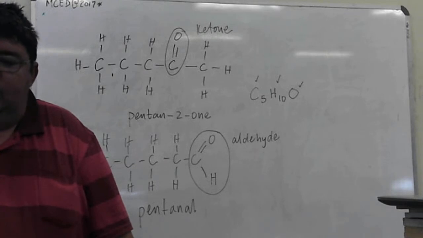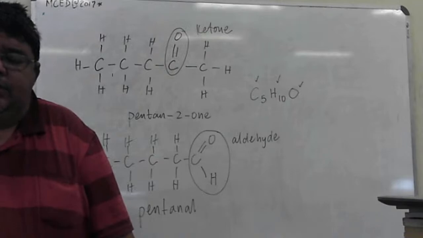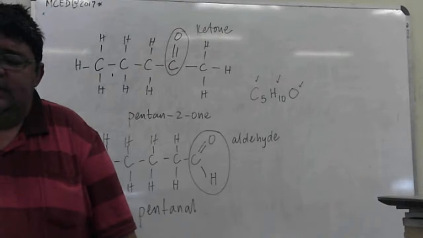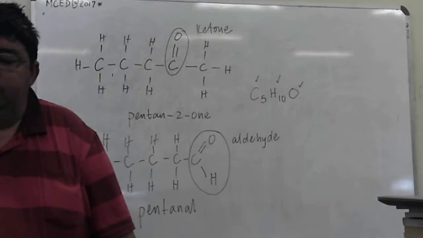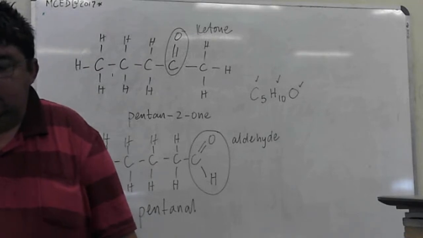The IUPAC name for compound C, 4 carbons, on the second carbon there's a methyl, so that is 2-methylbutane. IUPAC name of compound F, there are 3 carbons, you can see there's a carboxyl group, and that is propanoic acid.